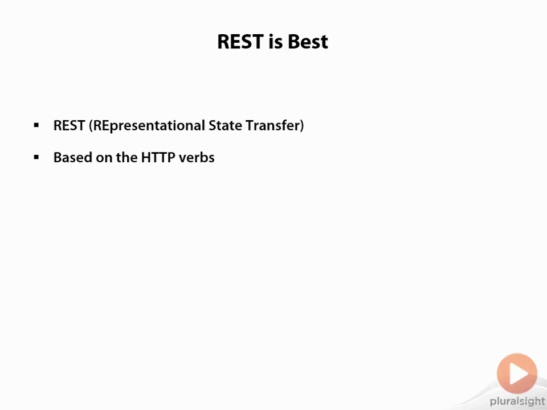You're going to hear the word REST a lot. REST means representational state transfer. I know that's a kind of a crazy word, but this is all you need to remember. It's based on HTTP verbs. And if you don't already know what that means, it's something we're going to refer to as the CRUD model. That's a really easy one to remember. If you can't remember CRUD, well, just write that one down. It's kind of a fun one anyways.